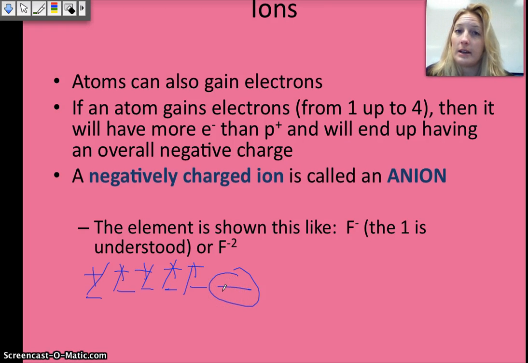And just like cations, atoms can gain 1, 2, 3, even 4 electrons. So they can have a charge of up to 4 minus. A negatively charged ion is called an anion. One way I like to remember this one is it kind of looks like onion. And onions smell pretty negatively. So remember, cations are positive, anions are negative.